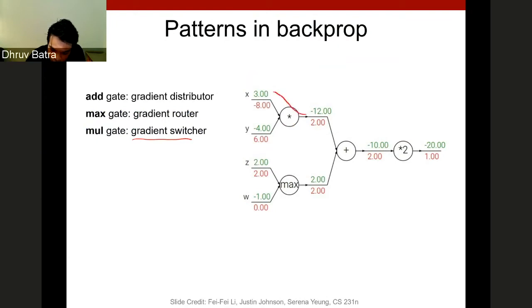So 2 times minus 4 became minus 8, and 2 times 3 became 6. It's a gradient switcher of a particular kind, but it's a very weird kind of switch because it is multiplying by the input on the other side. So it's a somewhat weird operator, but I'll tell you in a second why it's important to think of it as a switcher and why this comes up in the context of neural networks.